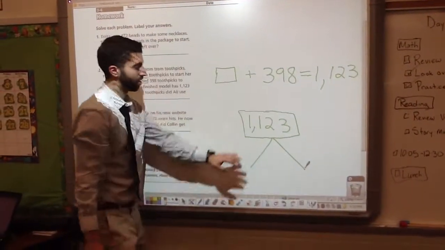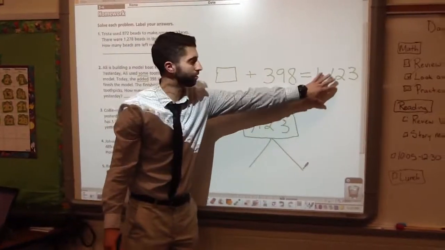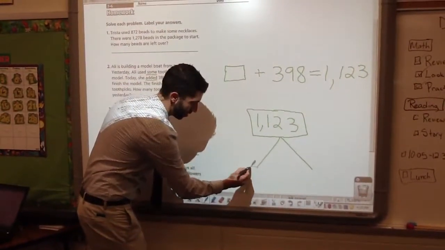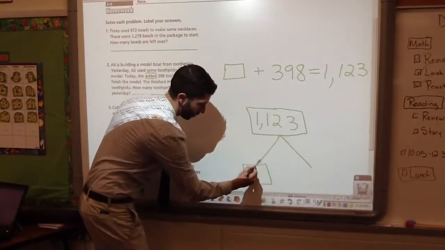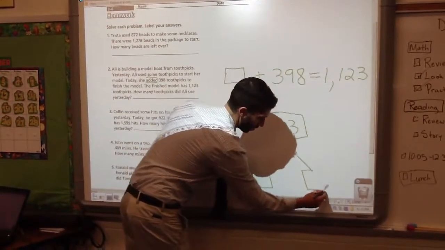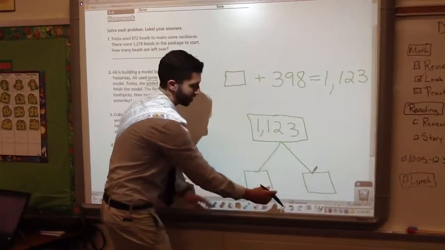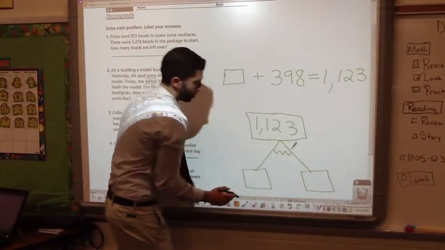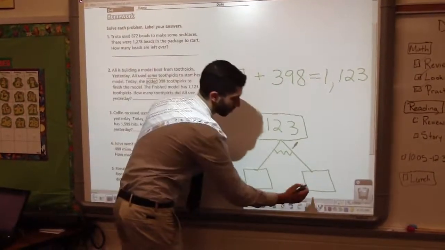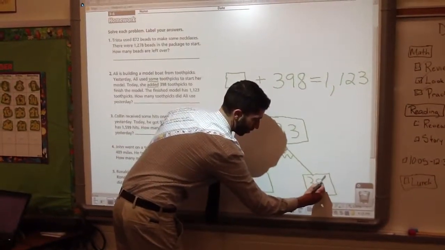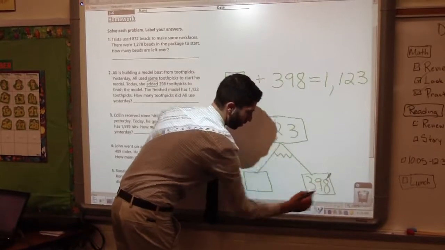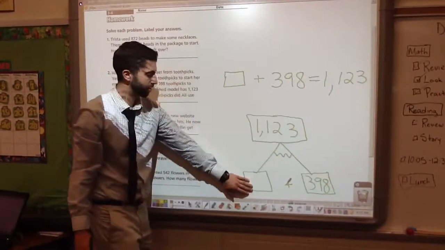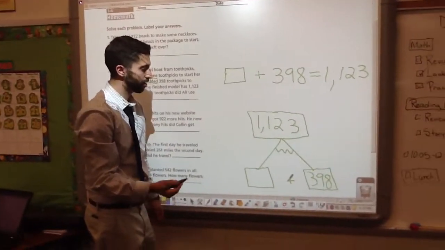And we know that the biggest number, our final answer, goes at the top of our Math Mountain, and on each side we have the two numbers that we need to add together to reach the top of the mountain. So one number that we know for sure is 398. And we need to know what we can add to 398 to reach 1,123.